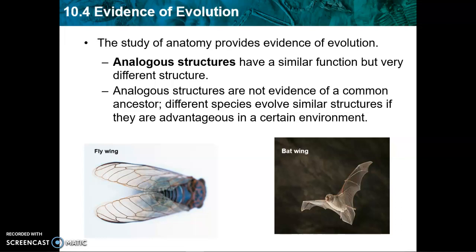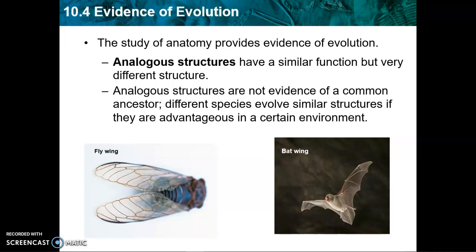So if we look at these two examples here, we have the wings of the fly, or other insects really, on the left, compared with the wing of the bat on the right. Well, a fly wing is very different from a bat wing. The only similarity that they have is how they are used.